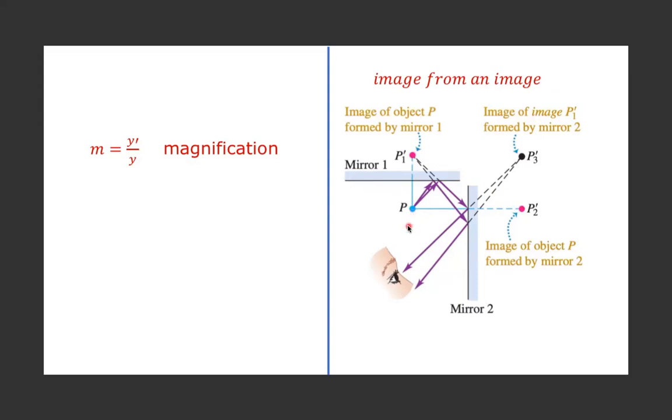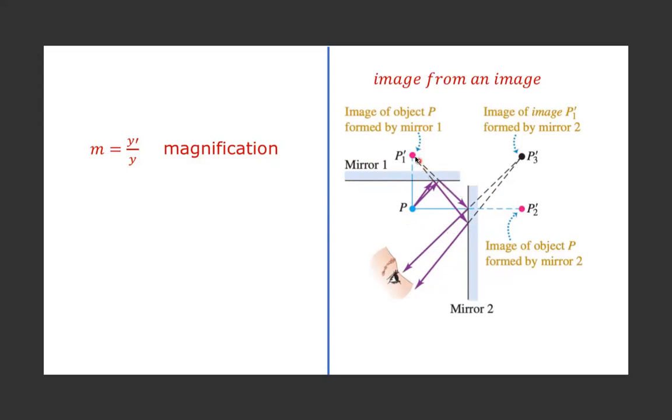Now, you can see many things from here. For example, look at the rays that have been traced here, these two rays. They go into this mirror, they reflect back into this other mirror, and they get into your eye.